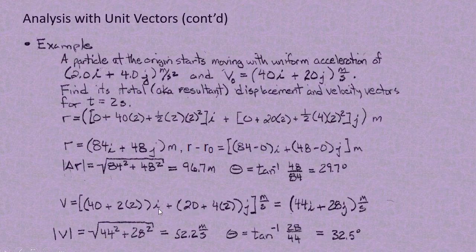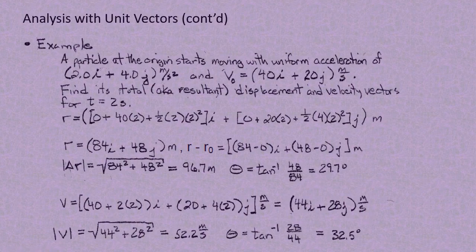So when we go ahead and calculate this, our velocity vector in unit notation is 44i plus 28j meters per second. That's a perfectly acceptable way to express the velocity.